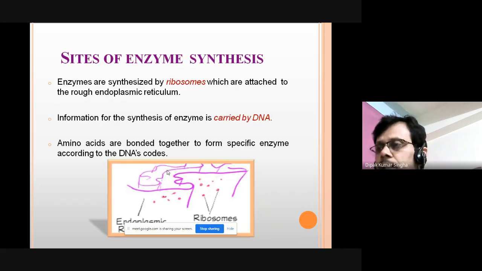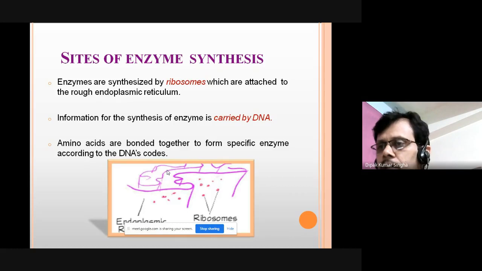The site of enzyme synthesis: where will the enzymes be synthesized? We know enzymes are protein in nature, and all proteins are synthesized in the ribosome, because the ribosome is the factory house for protein synthesis. Most enzymes are protein in nature, except ribonuclease, so they must be synthesized in the ribosome, which are attached to the rough endoplasmic reticulum.